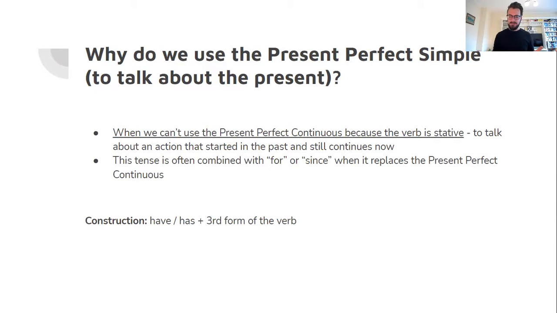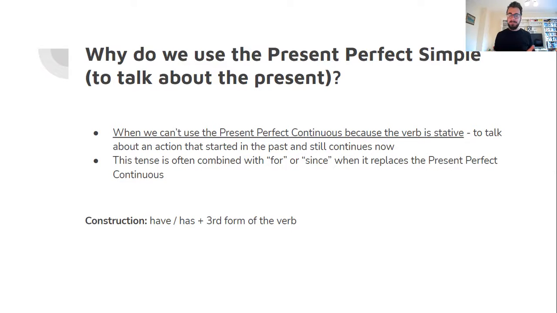So what are stative verbs? Well, stative verbs are those verbs that do not represent physical actions. A physical action is like run, work, talk, drive; you can all imagine them physically. But stative verbs are more about states or emotions, things that don't even change that easily.